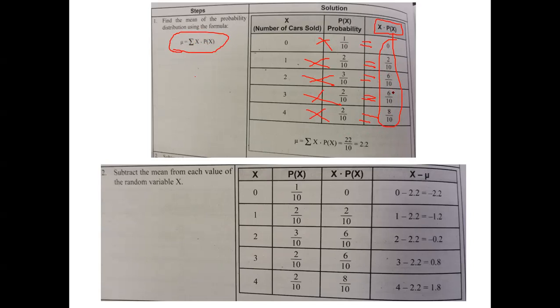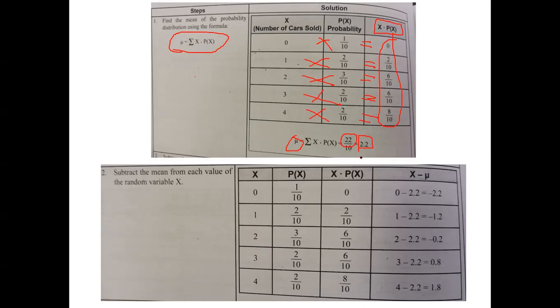So 6 plus 6 is 12, plus 8 is 20, plus 2 is equal to 22. Then 22 divided by 10, since the denominator is 10 for all, so we copy 10. 22 divided by 10 is equal to 2.2. So this 2.2 is our mean, or our mu.